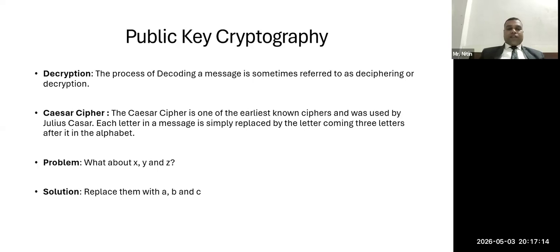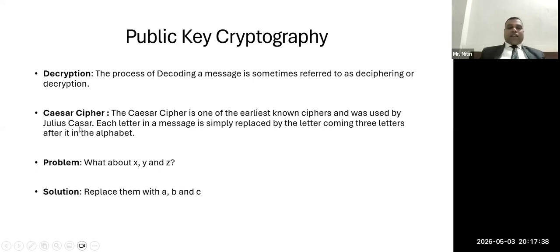Now moving ahead, one more term, that is Caesar cipher. The Caesar cipher is one of the earliest known ciphers and was used by Julius Caesar.